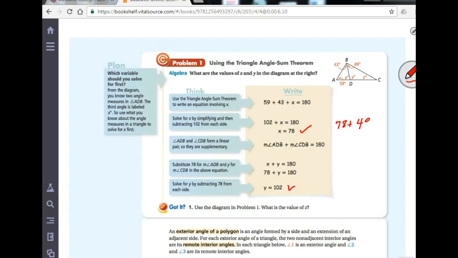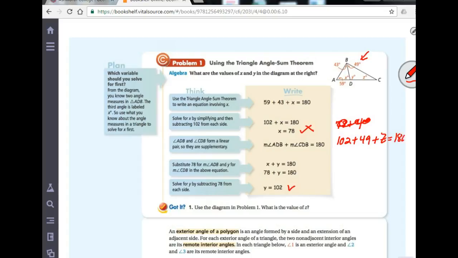I'm sorry, not 78, forgive me for that. Wasn't paying attention. We don't really need x because we're in the second triangle here. So we really need y, which is 102, plus this angle right here, which is 49, plus the one we're looking for. We'll call that z, of course.